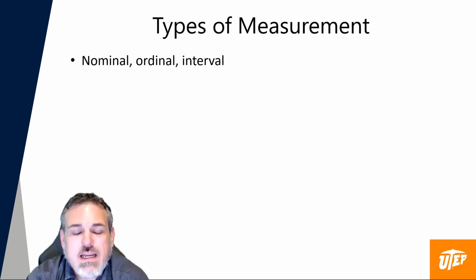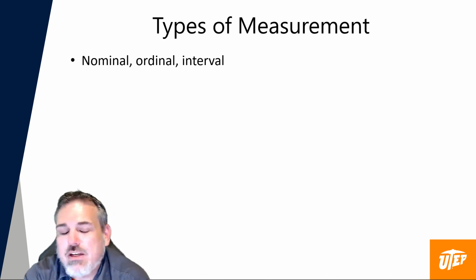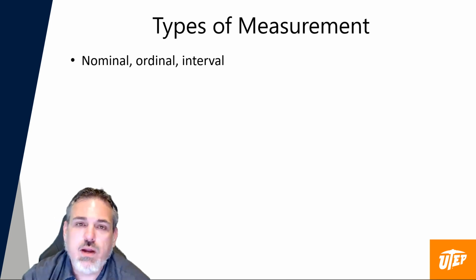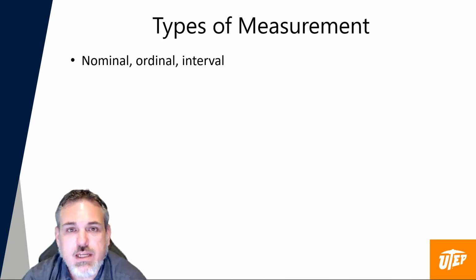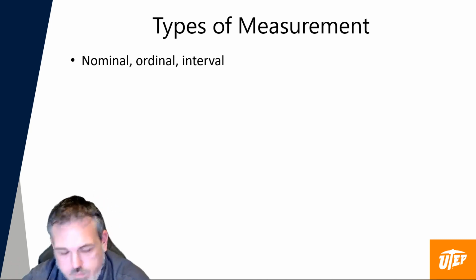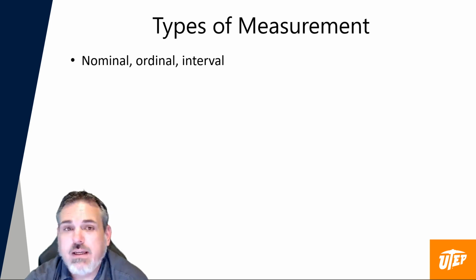When we move to interval level variables, those are what I generally refer to in my head as continuous variables. That is, they have a wide range, and the differences between each quantity that you're measuring is meaningful. The easiest way to think of this is income. Income can range from 0 to Jeff Bezos. But the differences in between are very meaningful.